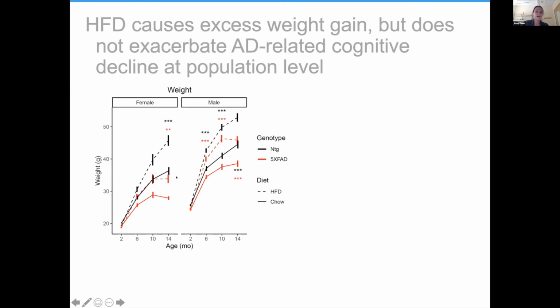And that was true for our non-transgenic mice and for our Alzheimer's mice for both sexes. I will point out that our Alzheimer's mice in red weigh significantly less than their non-transgenic counterparts from these pre-symptomatic stages even. And that's something that we see in humans. So humans with Alzheimer's disease often experience weight loss or failure to maintain weight in the years preceding a diagnosis of Alzheimer's disease.